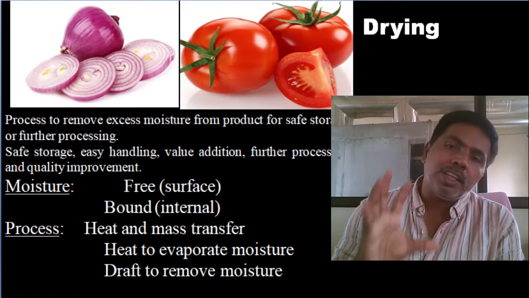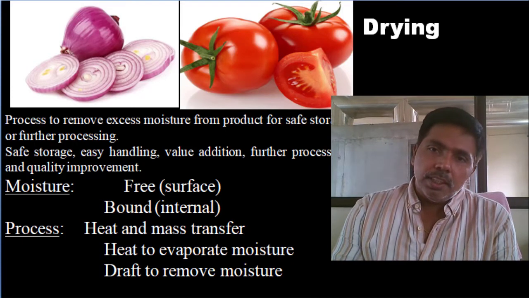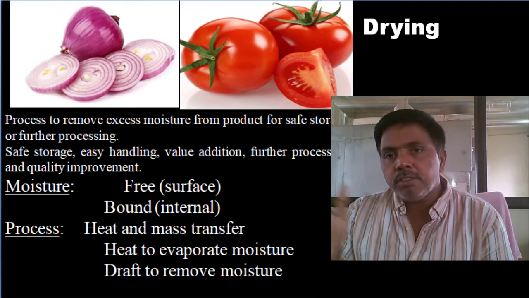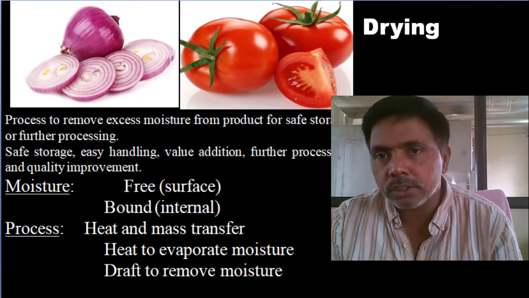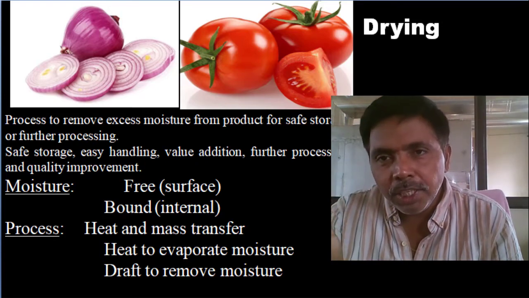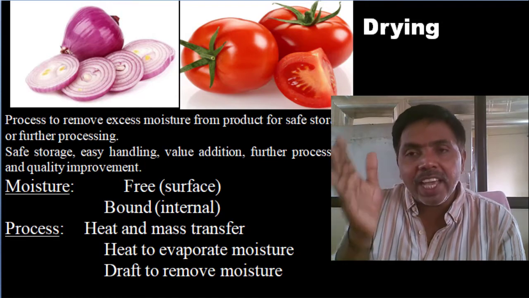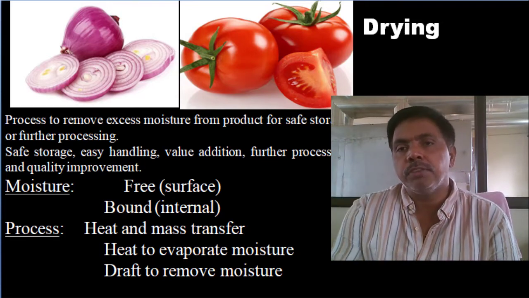So first of all, what is drying? What are the stages of drying? First, drying means removal of the moisture from the produce. We want to eliminate or reduce the enzyme activity, then we can store the product safely.